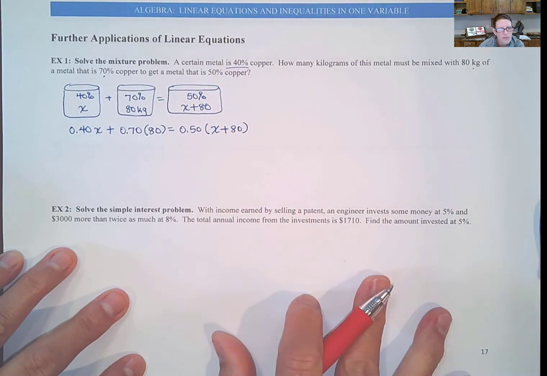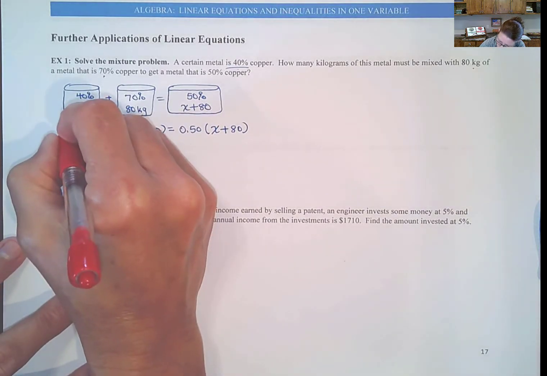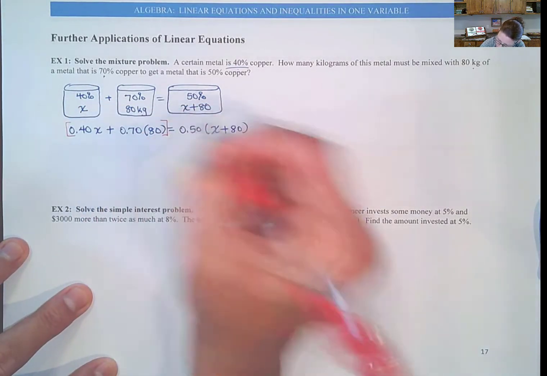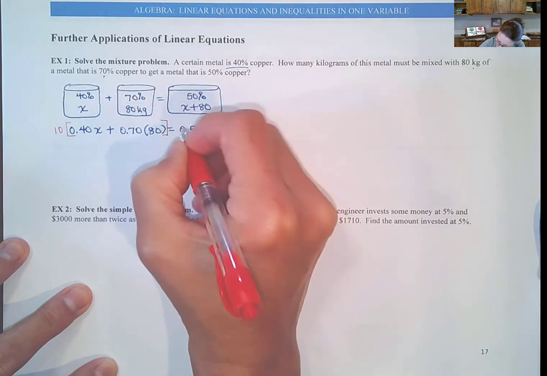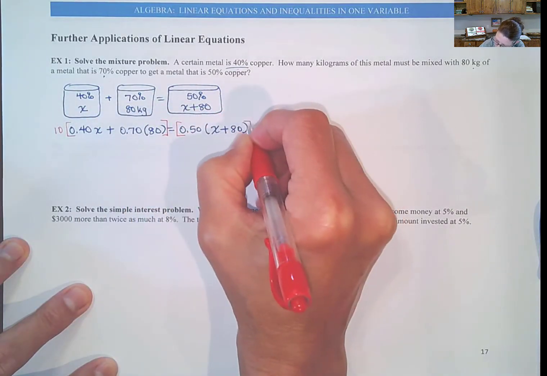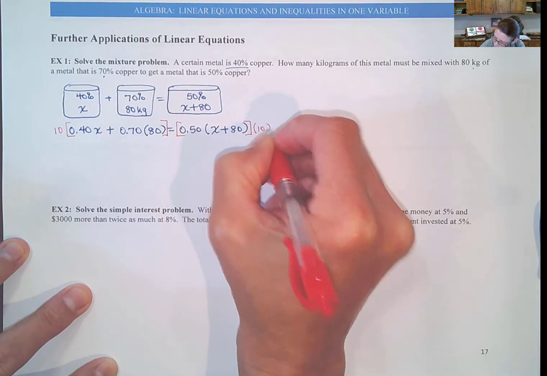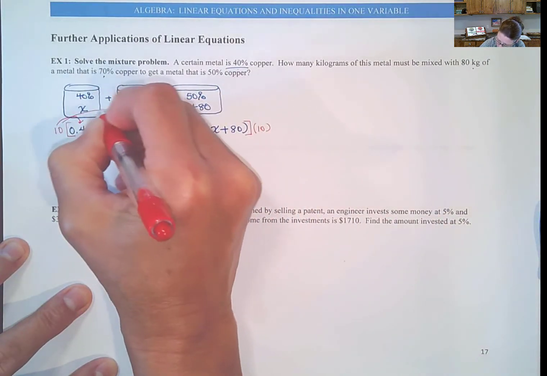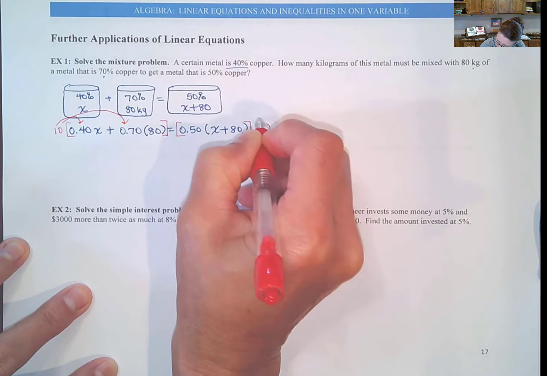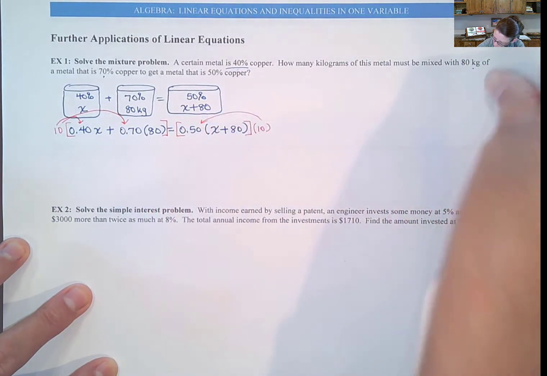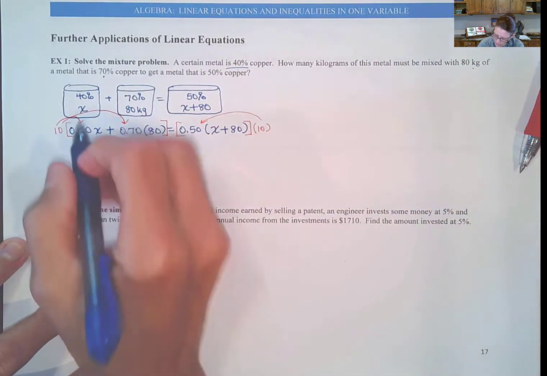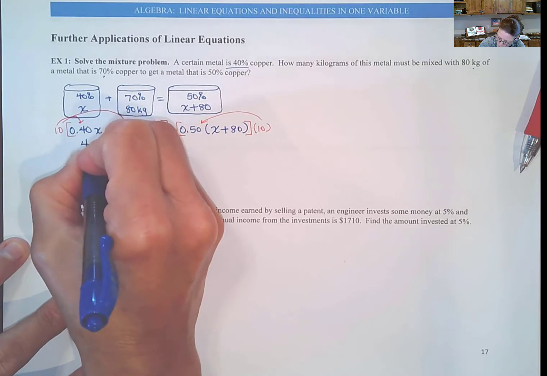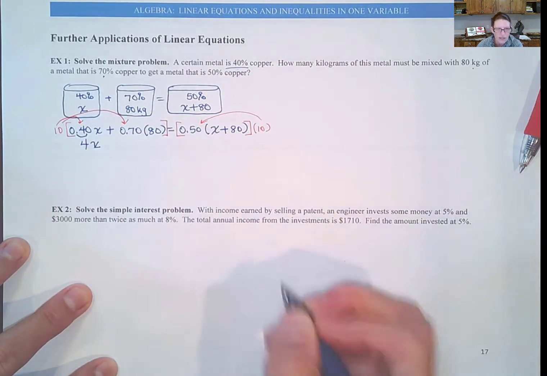We're going to solve it. In this problem, I am going to multiply each side by 10 and eliminate the decimal values, just to show you how that's done. Now we're going to distribute that 10 to each term. 10 times 0.4, moving the decimal point one place, becomes 4.